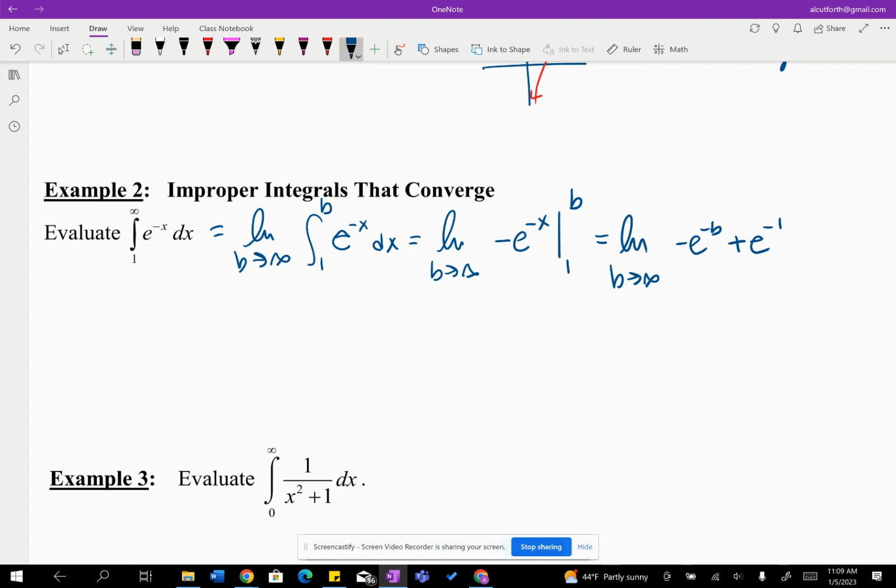When you're doing limits, especially as we go to infinity, and you have negative exponents, a good rule of thumb is to rewrite the negative exponents as positive. It's really hard to find limits as we go to infinity with negative exponents. It can kind of hurt the brain. So we're going to rewrite these as negative 1 over e to the b plus 1 over e.